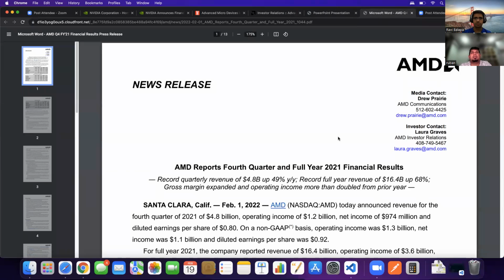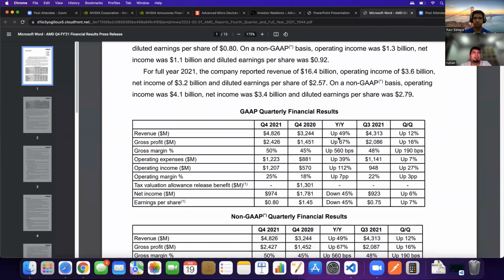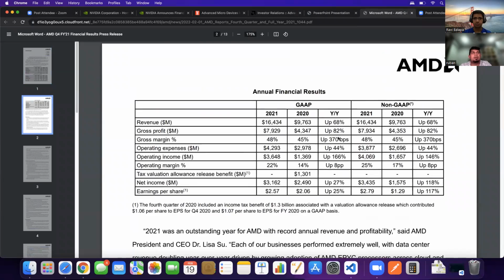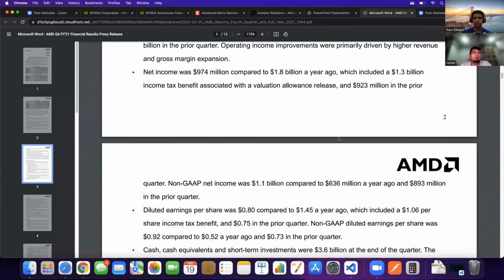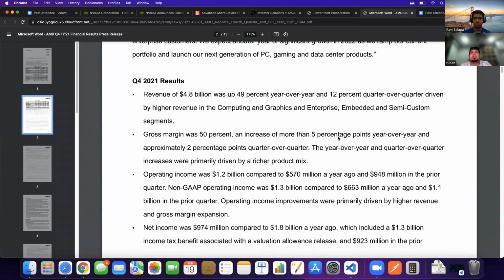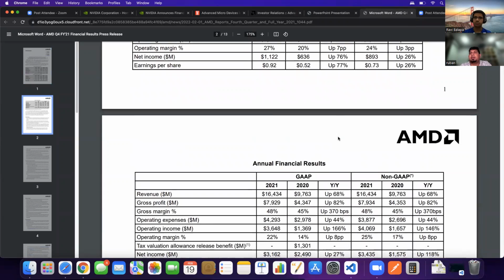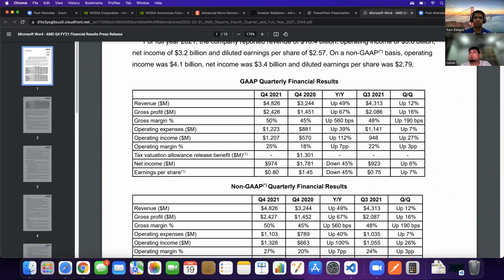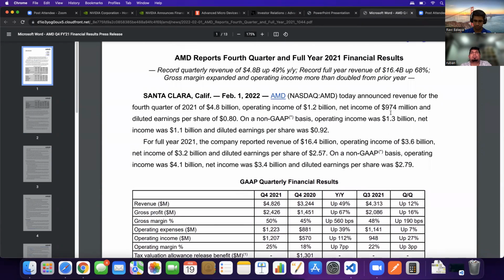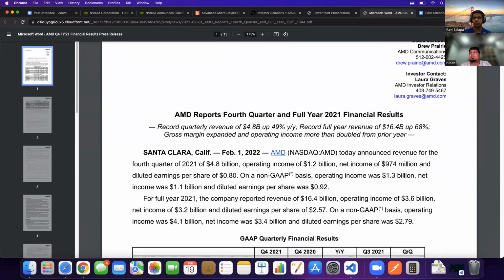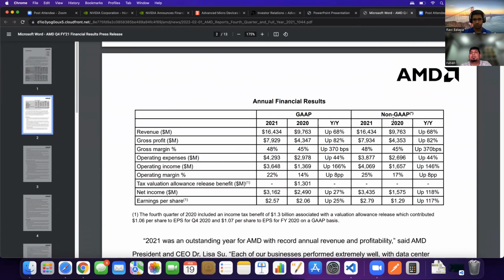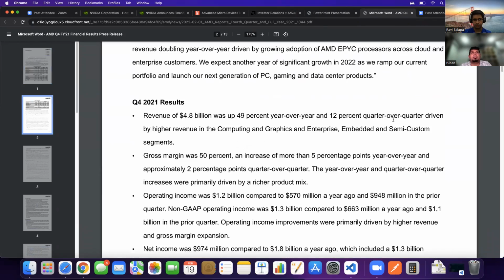Once we go there, it has all the needed information from all three financial statements. We actually focus on the outlook. You take their 2021 full year results, which is 16.4B, and they expect to grow that to 21B for the upcoming year.